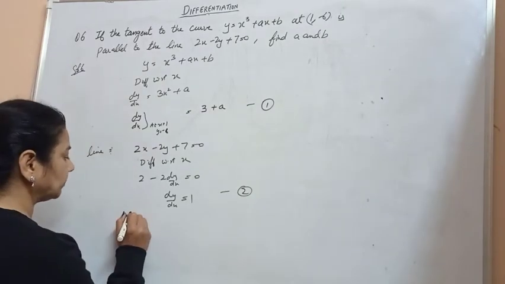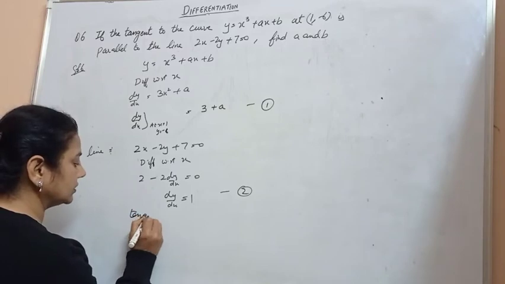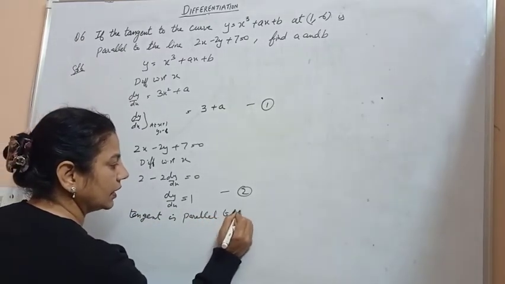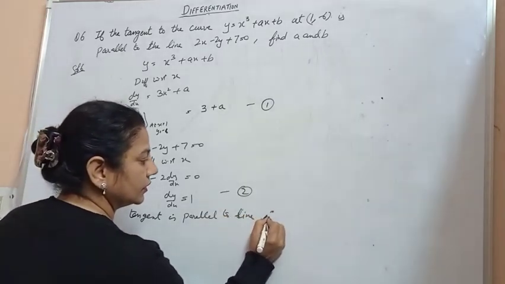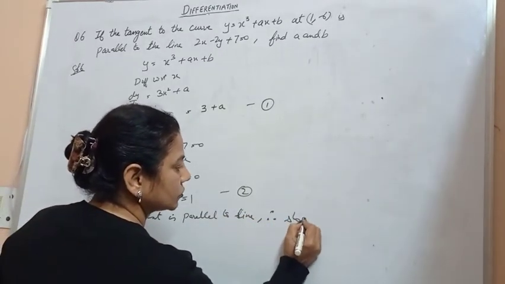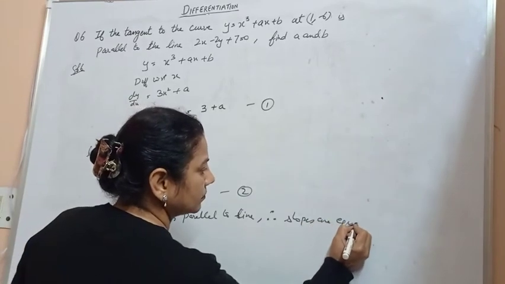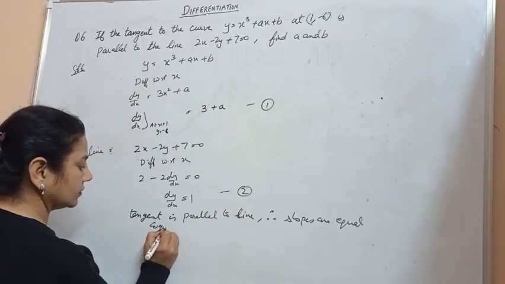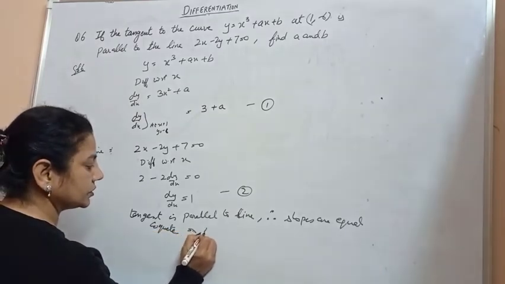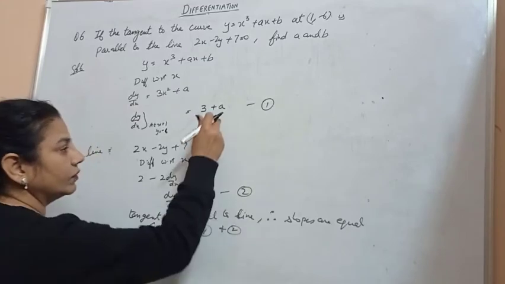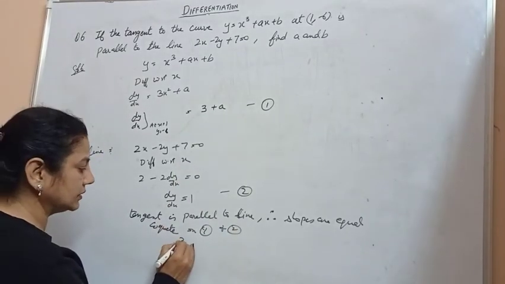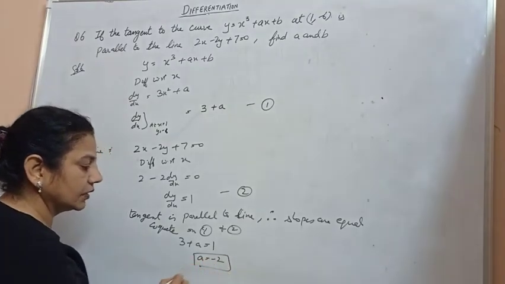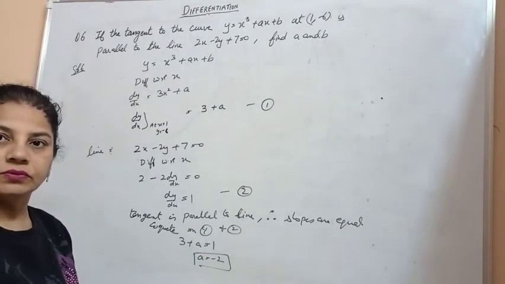So I equate equation 1 and 2. That means 3 plus a is equal to 1. So a is equal to minus 2. I get the value of a as minus 2.